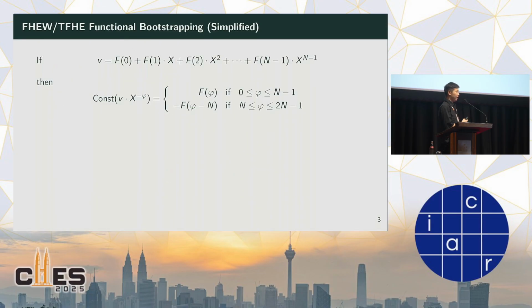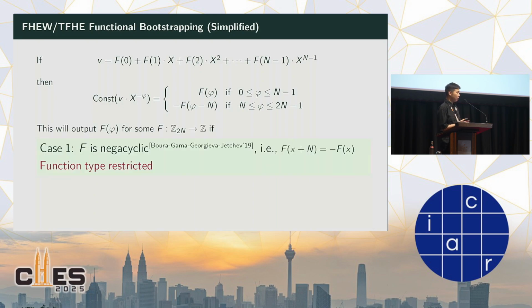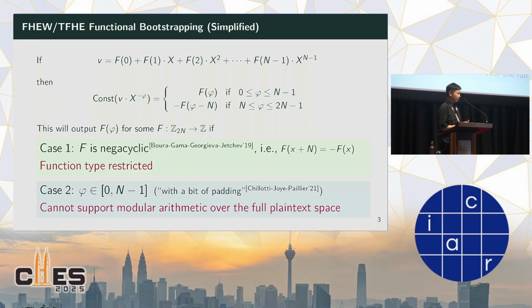More generally, we can encode some function into the coefficients, and the constant term extraction will output the evaluation of this function if one of two cases happens. The first case is that the function is acyclic, so the problem is clear because the function type is restricted. The second case is that the encoded message lies in the first half of the domain. But by doing this, we cannot support modular arithmetic over the full plaintext space.